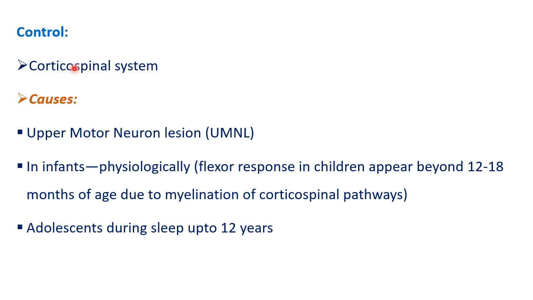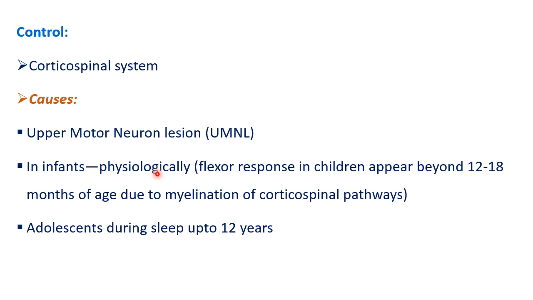Now, what are the causes of this? As we said, whenever there is damage to the corticospinal tract, the Babinski sign is positive. So any damage of the upper motor neuron, that is the pyramidal neurons, or the pathway connecting the upper motor neurons and the lower motor neurons, will lead to the appearance of the Babinski sign.